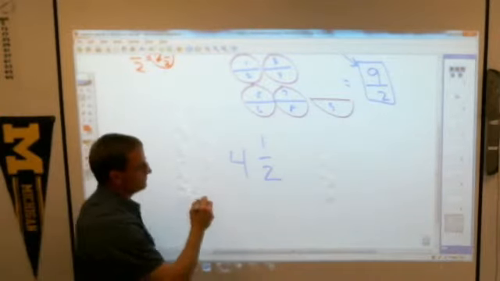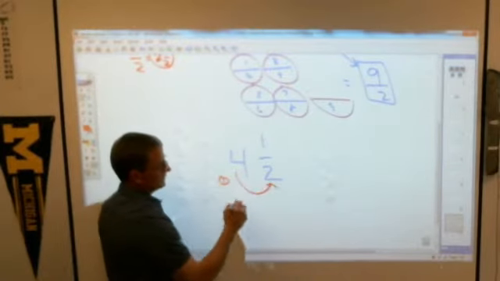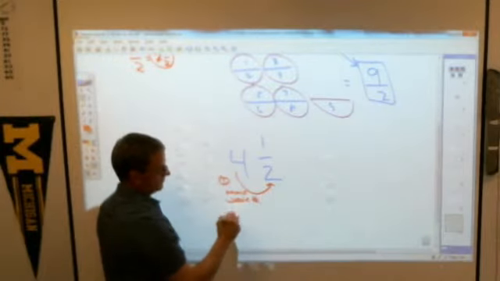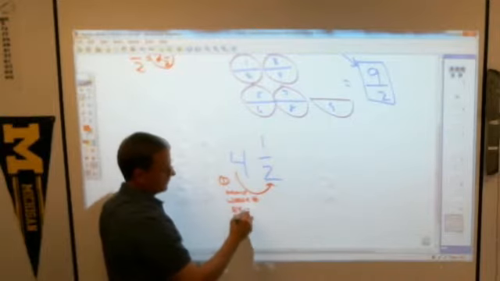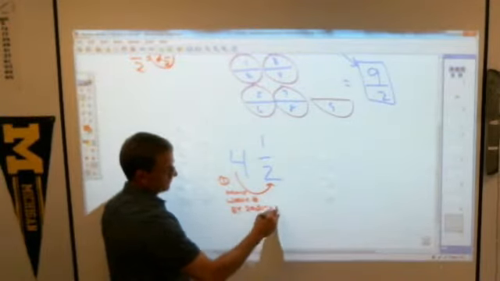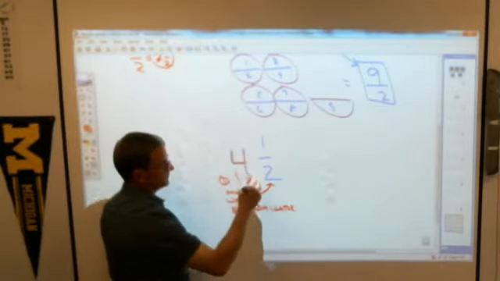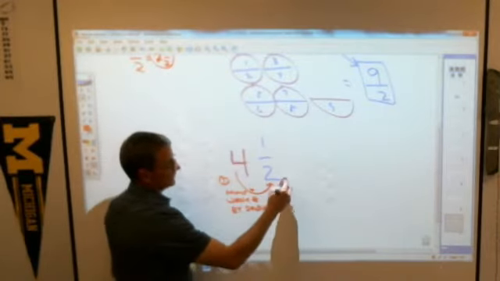Step number 1 is you multiply the whole number by this little guy down here, which we affectionately call the denominator. Multiply the whole number times the denominator. 4 times 2, and that gives me 8.